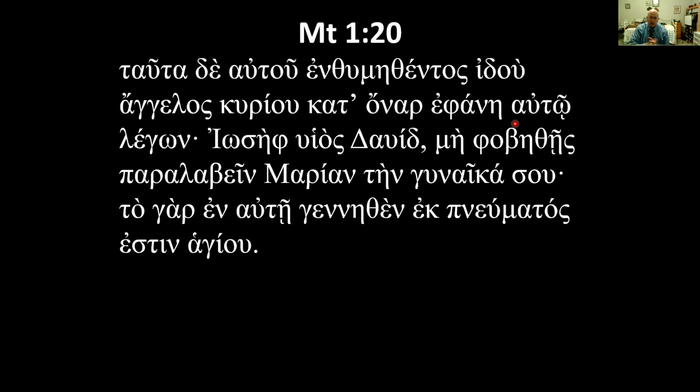Gennēthen can also mean conceive, not just to give birth. For that which has been conceived in her is from the Holy Spirit. Pneumatos estin hagiou. The adjective is in the predicate position. It's describing the Spirit. So we should translate that which has been conceived in her.